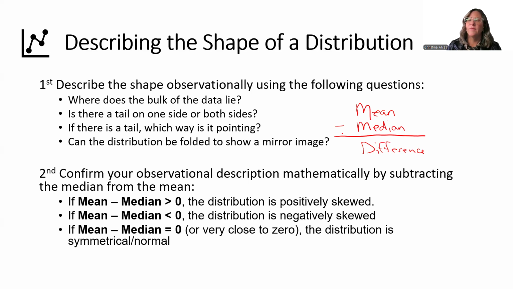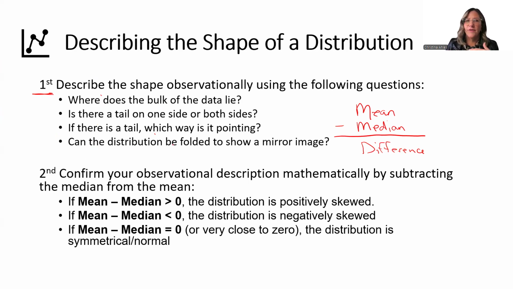So some of the questions you want to ask yourself when you're looking at it observationally are: where is the bulk of the data? This is the first thing you do. Is the tail on one side or both sides? If there is a tail, which way is it pointing? Can the distribution be folded to show a mirror image? Those are questions you're going to ask.